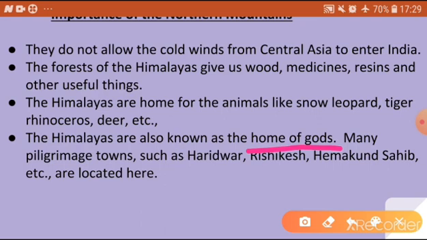Many pilgrimage towns like Haridwar, Rishikesh, Hemakund Sahib and many other pilgrimage towns are located here. So the Himalayas are also known as the home of gods.